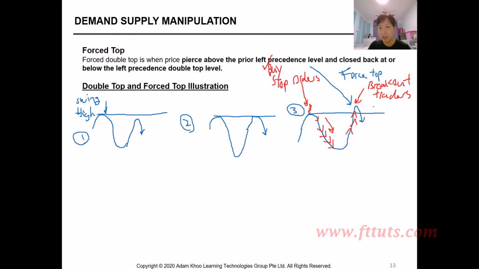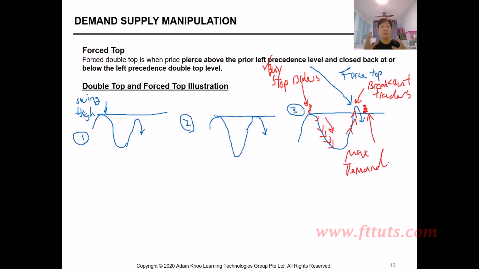So basically at this level over here, there is a significant trigger of buy orders. There's an influx of buy orders, stop loss buy stop orders being triggered. Breakout traders are going long. So in this area of the chart above the swing high levels, this is when we say that there is a maximum demand.